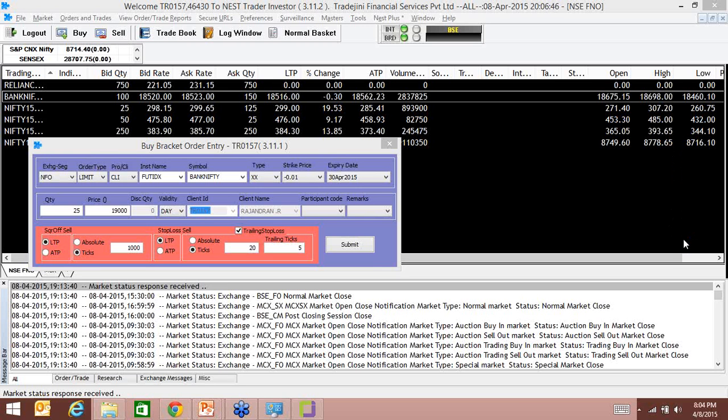That's the reason brokers go for the Nest Trading Terminal, and the other option is even cheaper. It is currently only available for NSE cash, derivatives and currencies. MCX is not there, whereas in Nest Trading Terminal all the exchanges are available: NSE, BSE, NSE FNO and MCX. So cost is the main factor here.